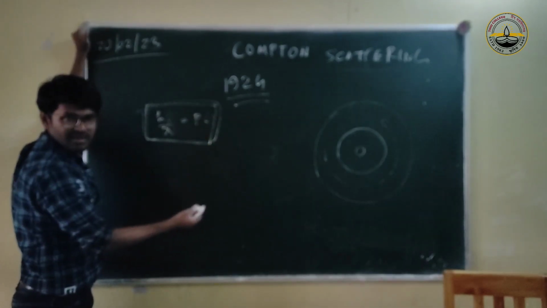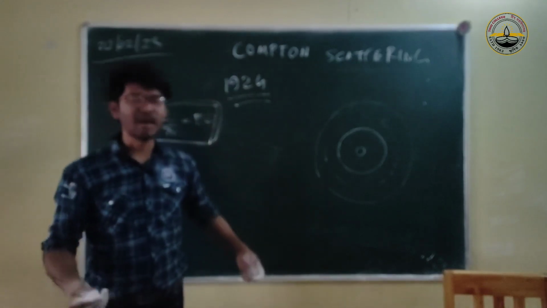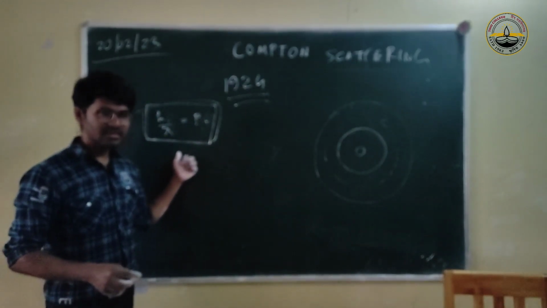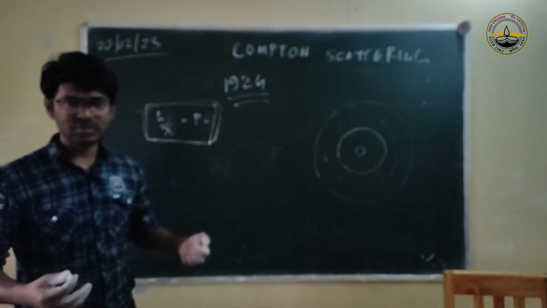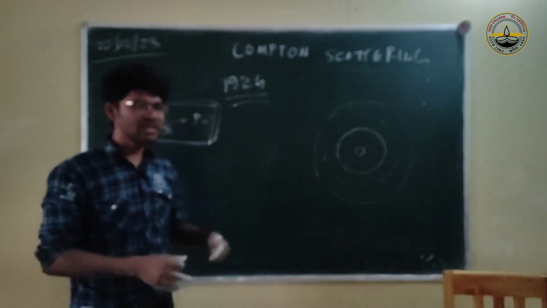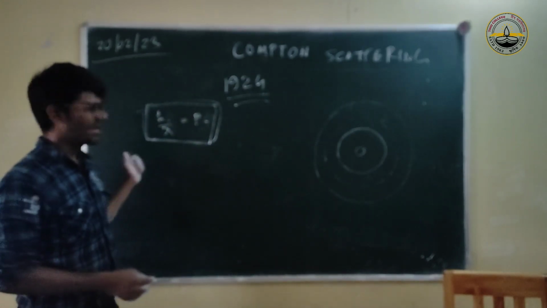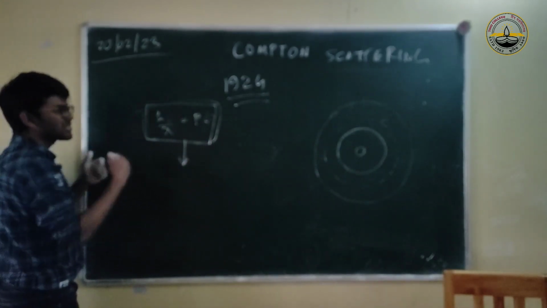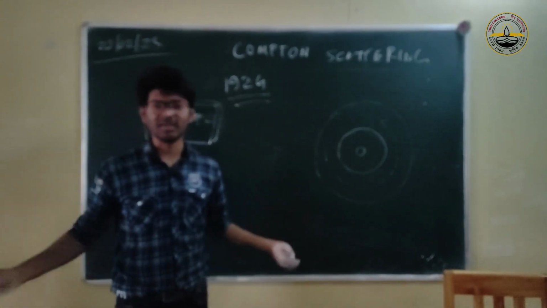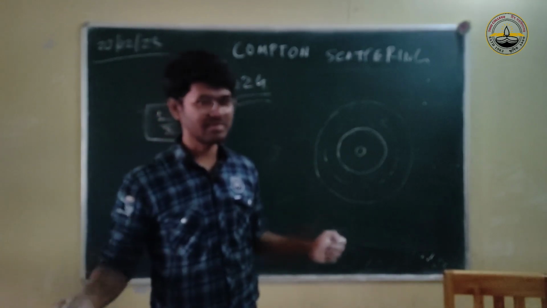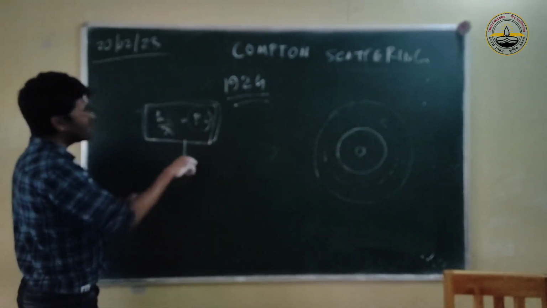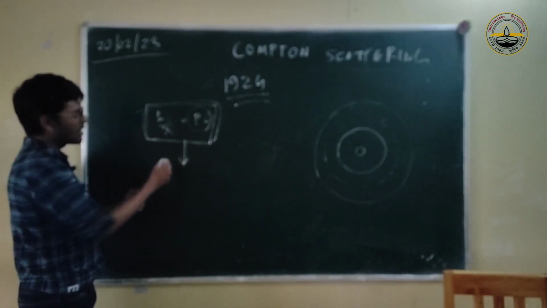He said, let even other particles with mass be like this: they also have an associated wave. What is that wave? Let's come to that later. He asserted that this equation is valid for everything, not just light. If something has a momentum, if it's moving, then it has a wave associated with it.